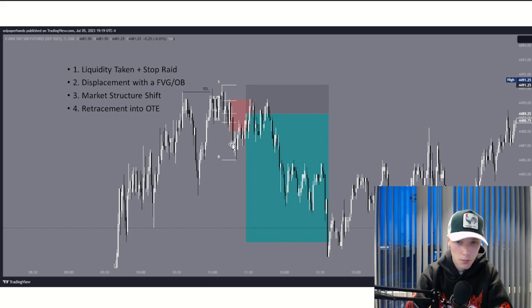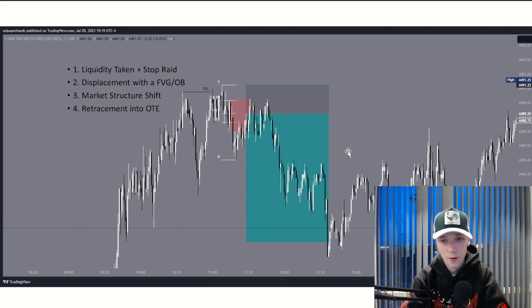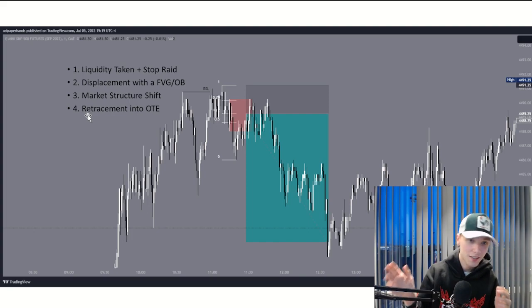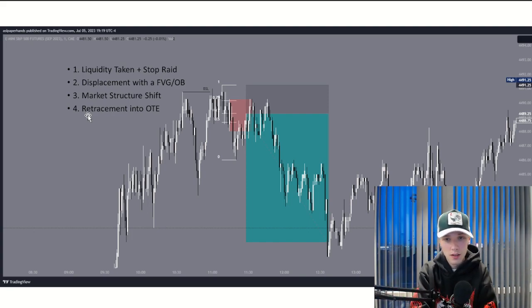So once we displace below it, we do in fact have a market structure shift. We know the market is going down. So it pushes down, touches this order block, so it's going to retrace again, which we want, a retracement into OTE. So we got liquidity, checked, displacement, checked, fair value gap, checked, market structure shift, which is a complete market structure shift because it is an intermediate term low, a wick that fills an imbalance.